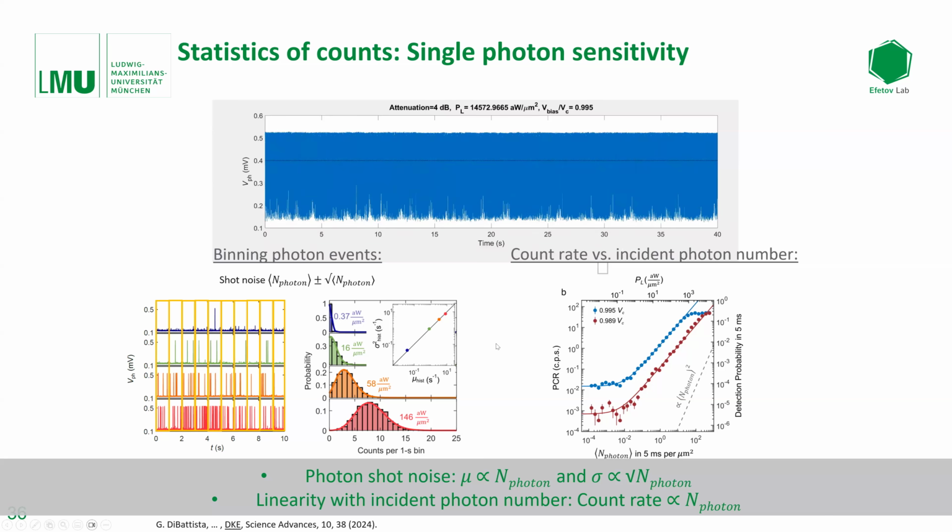And in order to convince yourself that those events have to do with really the single photons absorbing onto the surface, you have to perform some sort of statistical analysis. So you have to show that the Poissonian process, basically random absorption of these photons, is given, which is shown here on the left side.